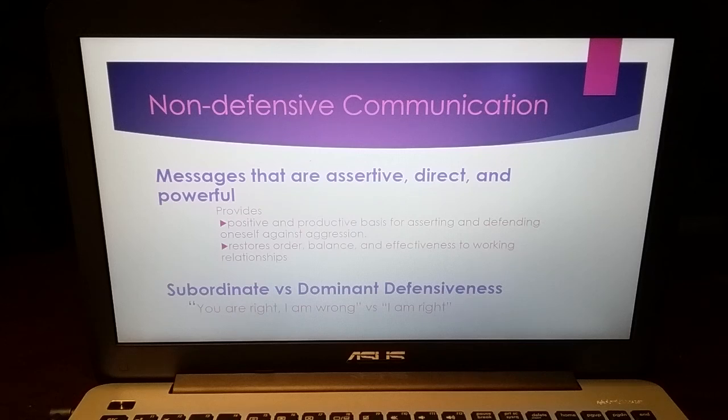So when we're talking about defensiveness, a defensive subordinate would just say, okay, you're right, I'm wrong, whereas a supervisor might say, I'm right, that's just the way it is. Neither one of those is necessarily good if conversation is required.